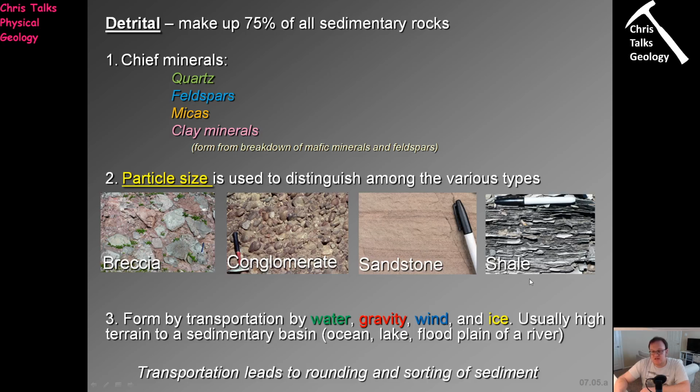And rocks that contain clay and silt size clasts will typically be defined as a shale. So depending on the size of the clasts, that controls what we're going to call our clastic rock. And of course, as we've already touched on, clastic rocks can be formed by the transportation of sediment by water, gravity, wind, or ice.